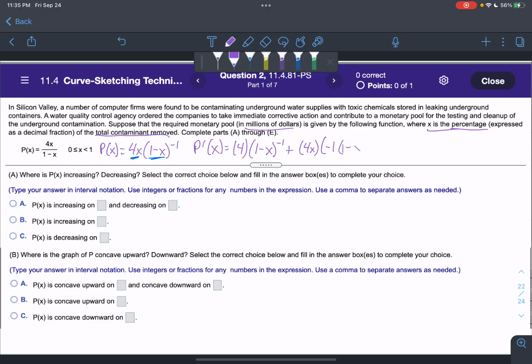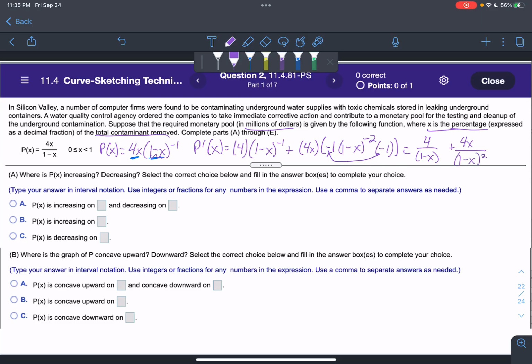Negative 1, 1 minus x, subtract 1 from the power, and then chain rule. So the derivative of 1 minus x is actually -1. So just be careful with that. So that gives me 4 over 1 minus x. I have two negatives here. They're going to make a positive, so I have positive 4x over 1 minus x squared, like that.